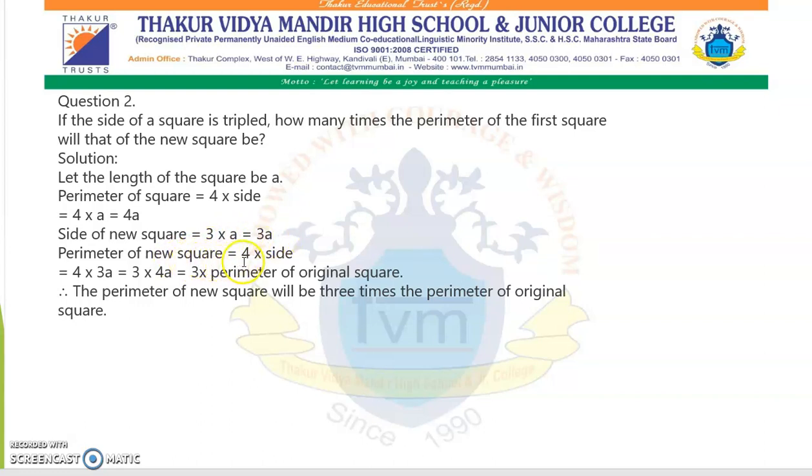Therefore, perimeter of new square equal to 4 into side equal to 4 into 3A. Take out 3 ahead and write 3 into 4A. It means 3 into perimeter of original square. So, the perimeter of new square will be 3 times the perimeter of the original square.